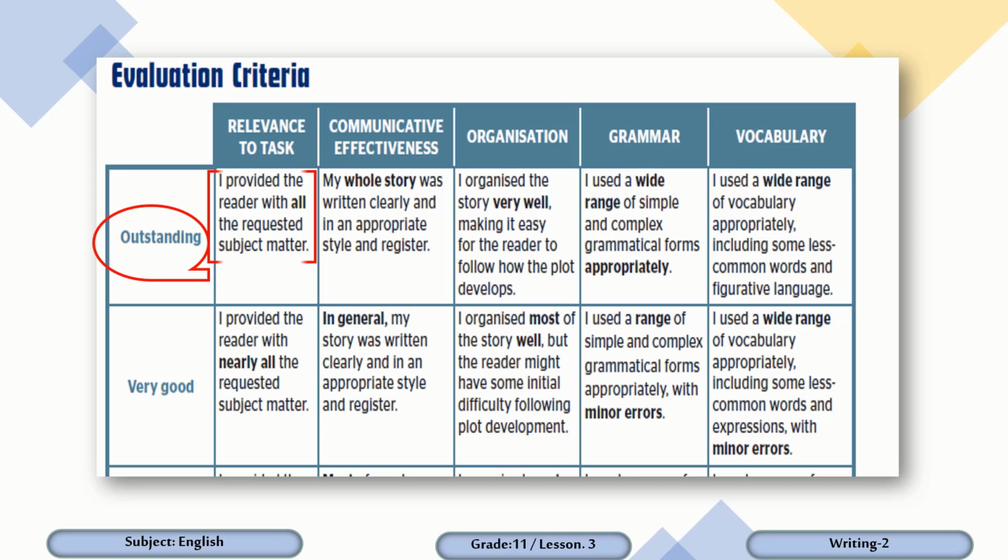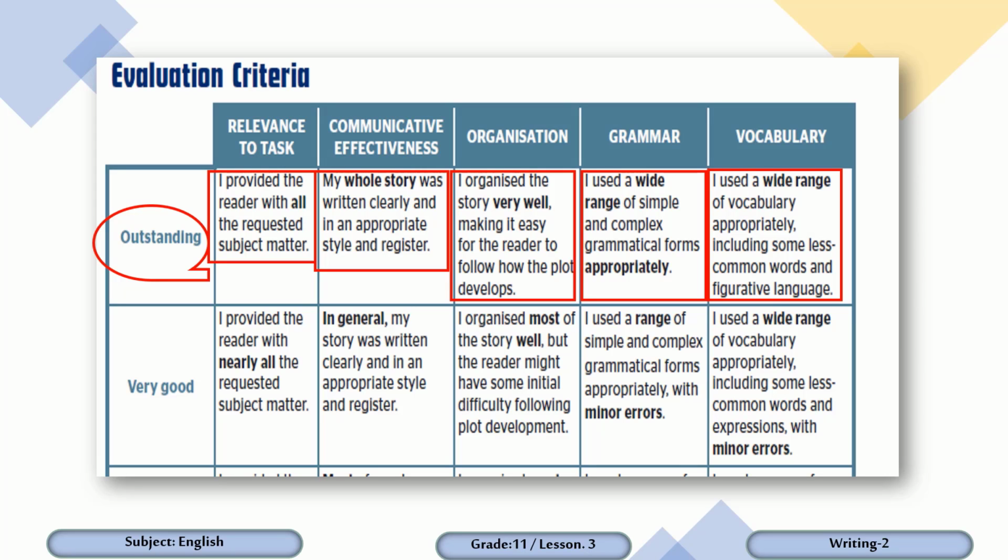Unit 2, this is related to the relevance to task, communicative effectiveness, how your organization should be, how your grammar should appear, and how to use your own vocab. This is a very important section. You should read well before writing your story.